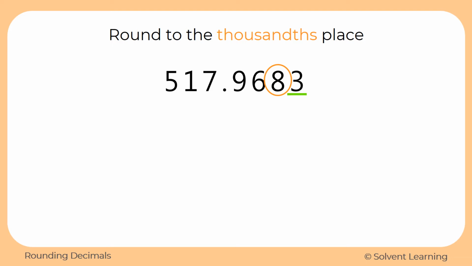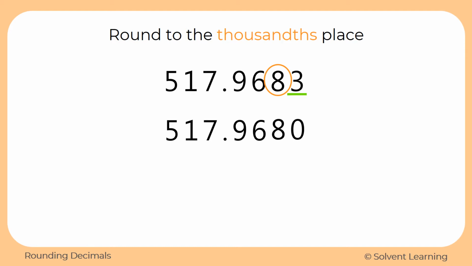Anything to the left of it, all those digits in the front, 517.96, none of those digits are affected. So let's just copy those over. And now we know that our 8 is going to stay the same, and then anything after it becomes a 0. So that 3 would become a 0, just like we learned with whole numbers.